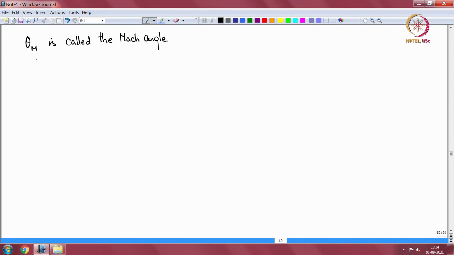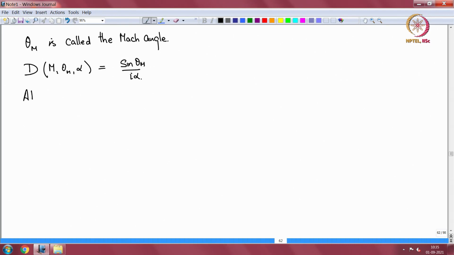Now at the Mach angle, if now we look at the D factor with fluid loading, then it becomes finite. Okay, so there is a drastic change.